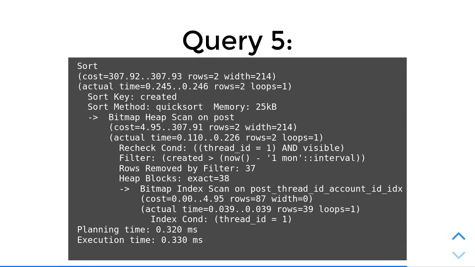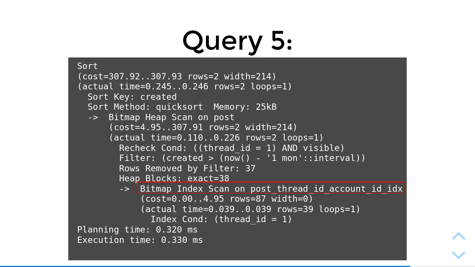Now with the indexes in place, we get our bitmap index scan on the post thread ID, account ID index that we created with visible missing. It can then do a heap scan. It's removed the extra stuff it doesn't want and the created records.